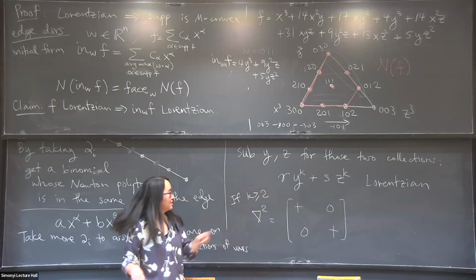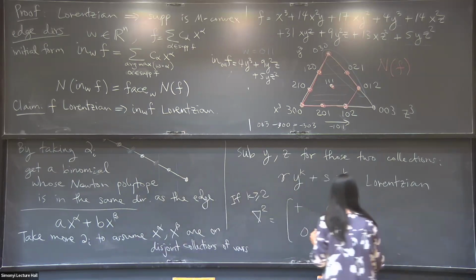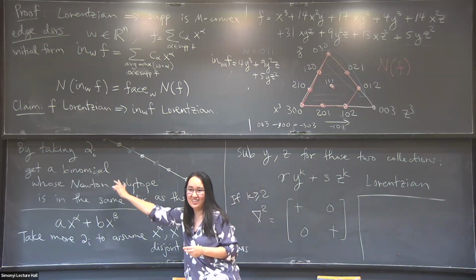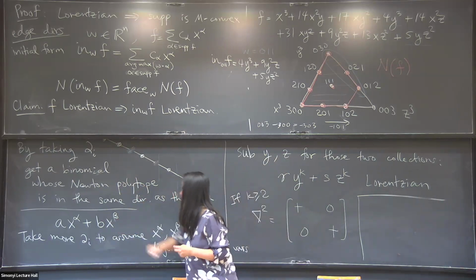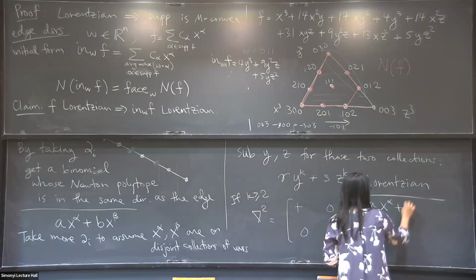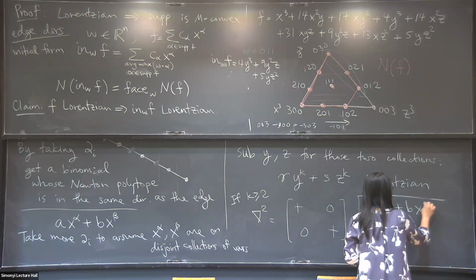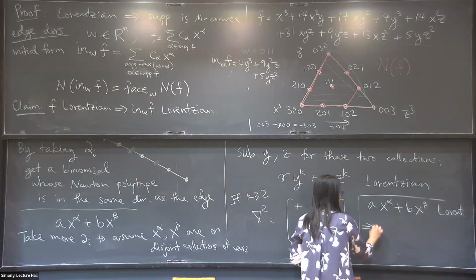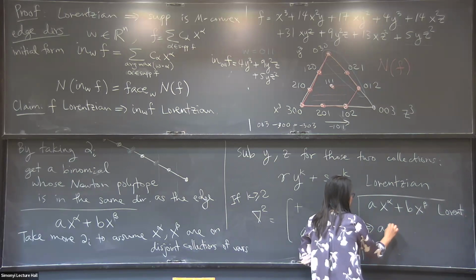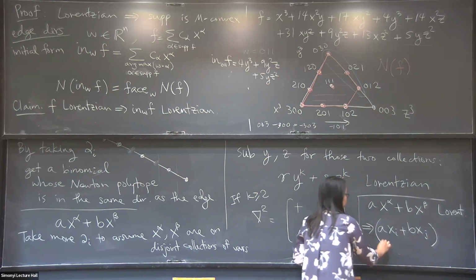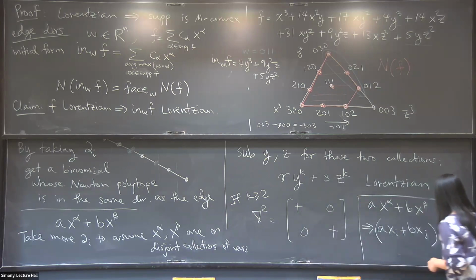So that means that after I undo all my operations, what it means is that the only binomials that are Lorentzian have the form something times xi plus something times xj, some degree 1 step times some monomial.